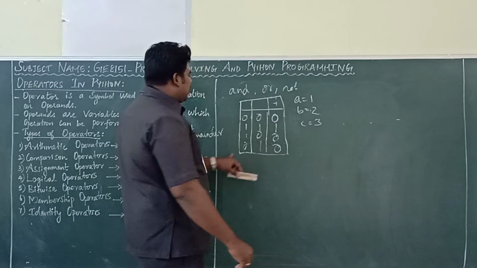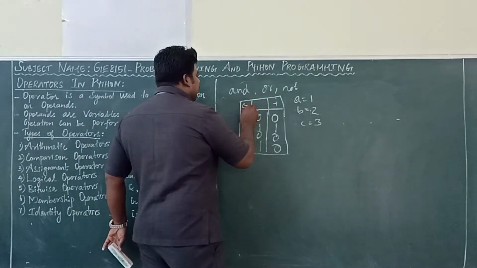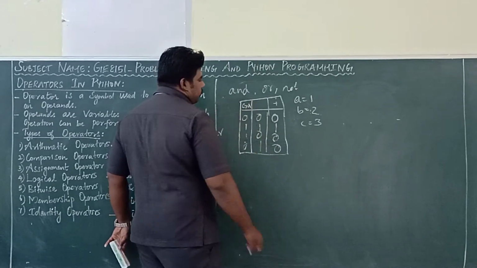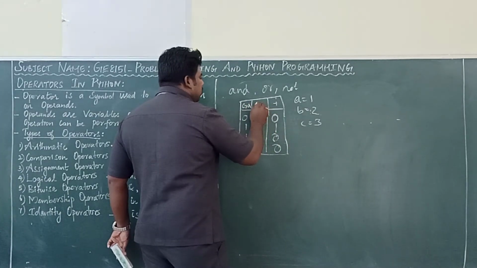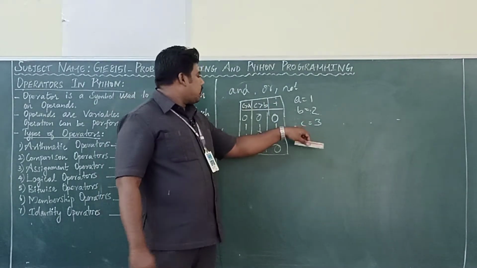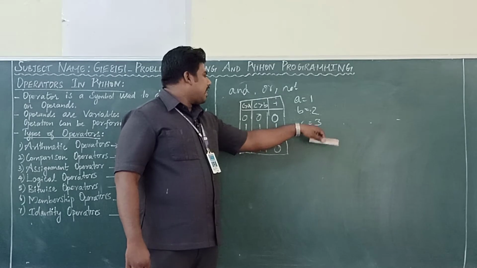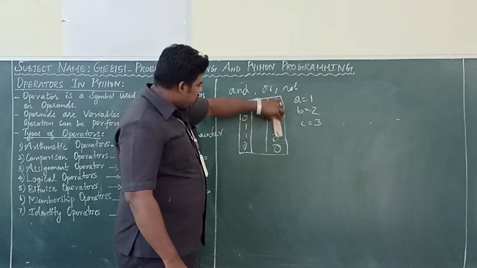I am writing two conditions here: C greater than A and C greater than B. Now see here, what's the C value? 3. 3 greater than 1 is true. So here I will write now.